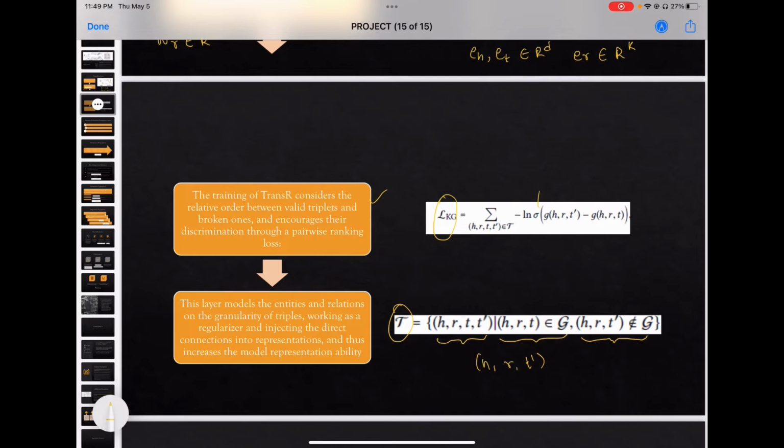Also, sigma here is the sigmoid function that is widely known. This layer models the entities and relations on the granularity of triplets, working as a regularizer and injecting the direct connections into representations and thus increasing the model representation ability.